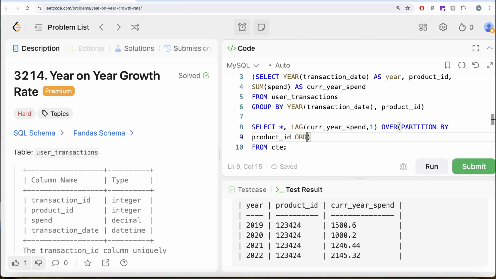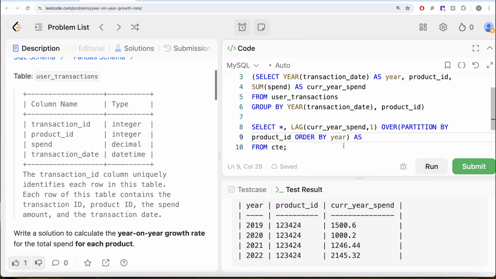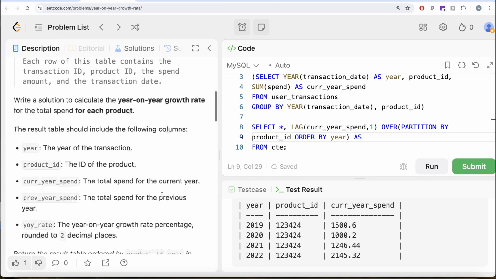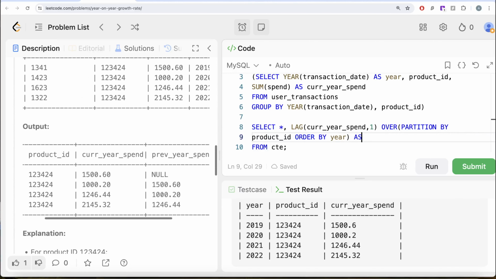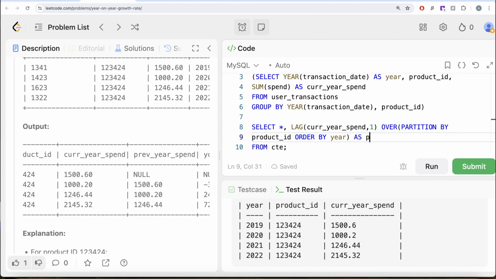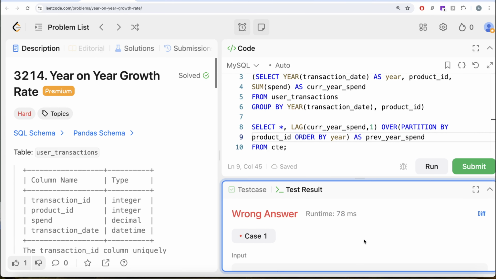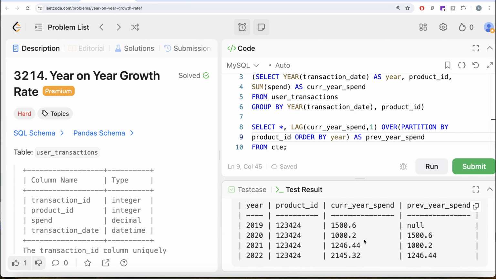So order by the year in ascending order, and let's alias this as, since you are using a lag window function, previous year spend. Let me go ahead and run this. Let's see what we get in our output right now. So now you have the current year spend and the previous year spend, right? So for 2020, the current year is 1000 and previous year 2019 spend is 1500, and you have that.